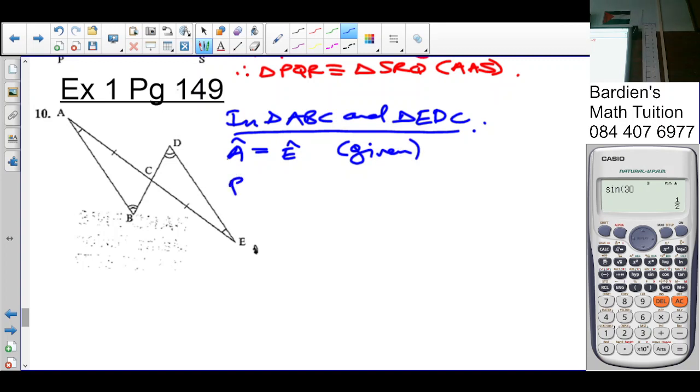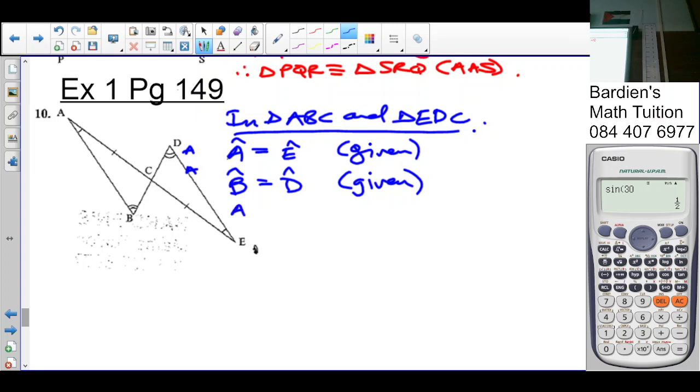Angle B is equal to angle D. Given. One more. So we've got two angles, so we must use a side. Remember, in all the cases of congruency there's always a side.